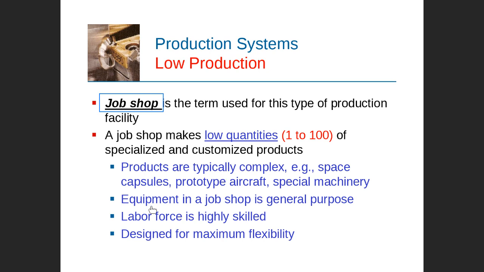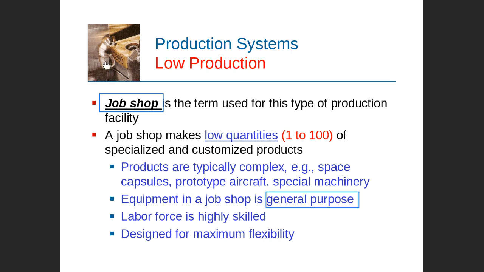What do you think about the facility and equipment? Equipment in the job shop must be general purpose. Why general? Because the first time you get a space capsule, next a prototype aircraft. If you have very special equipment for one, you cannot do the other. So the facility or equipment being used must be general purpose.